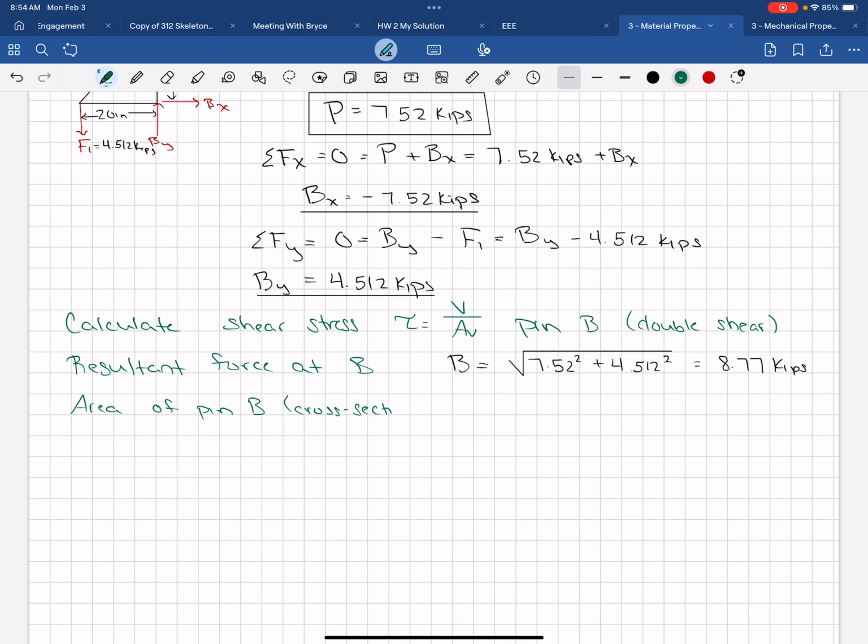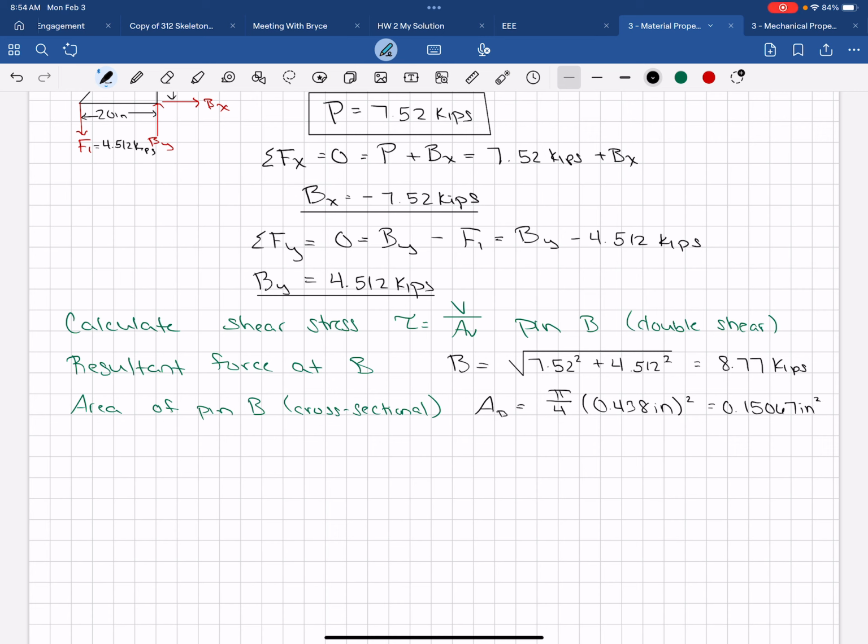So that's going to be area of B equals pi over 4 times the diameter of 0.438 inches squared. And that equals 0.15067 inches squared.